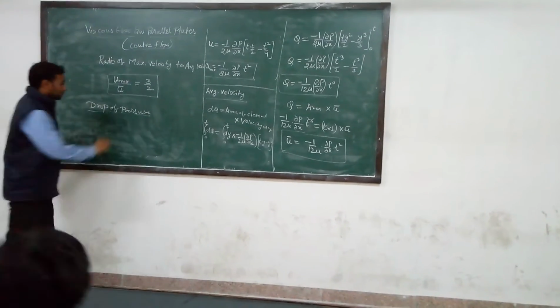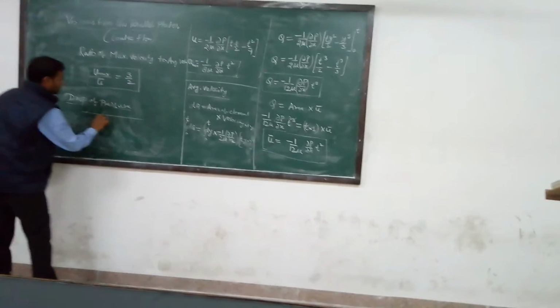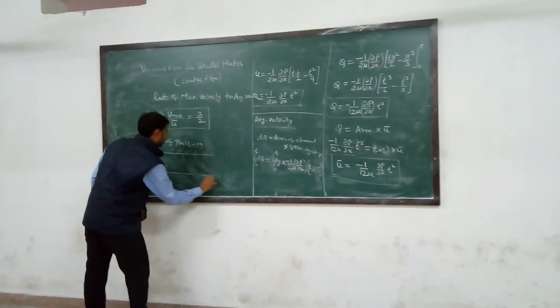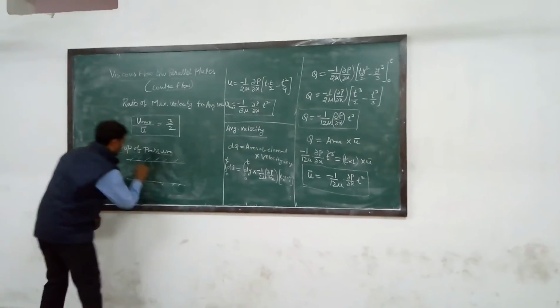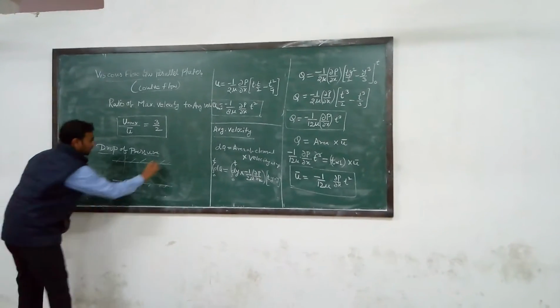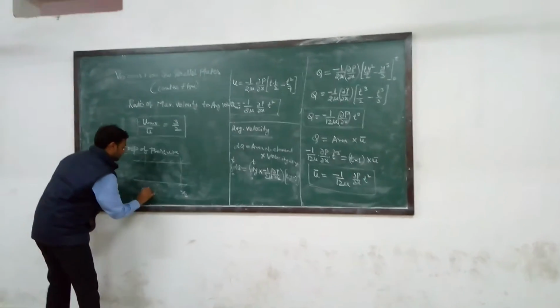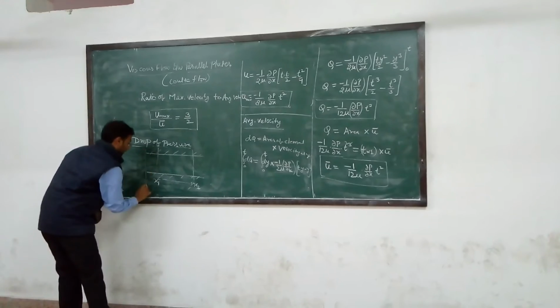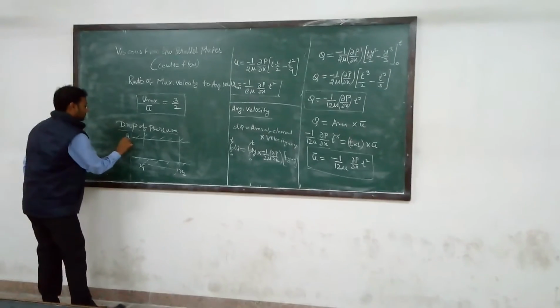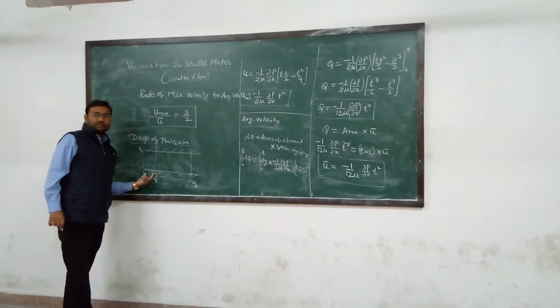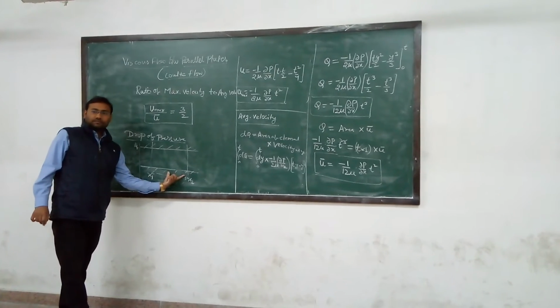Drop of pressure. So to calculate the drop of pressure, suppose this is the x1 point, this is x2. From this reference, this distance is x1, this distance is x2.